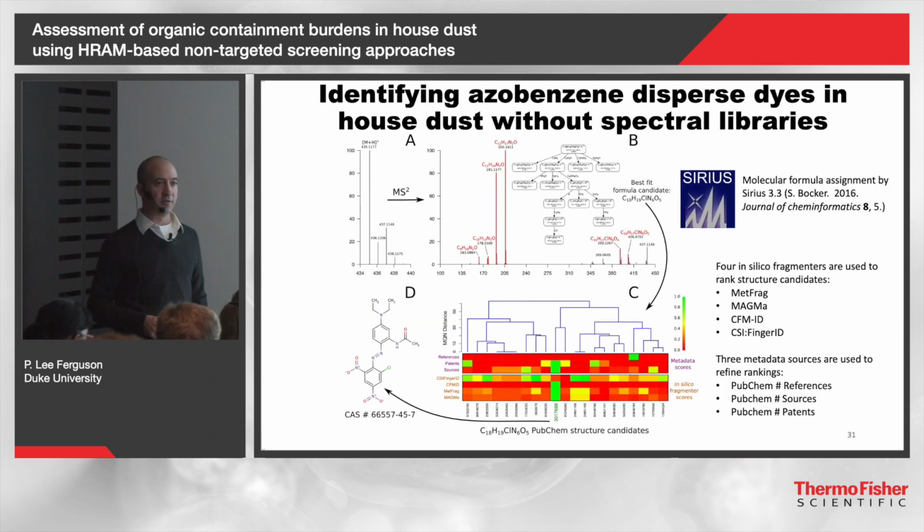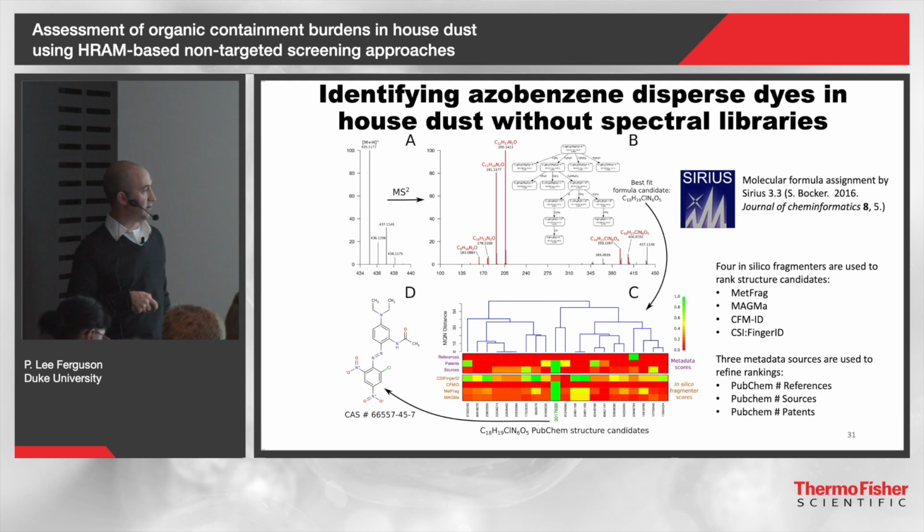Here's a graphic showing where we use our Painter algorithm. Basically, here's our MS1, we do MSMS, and we annotate all of our fragments with formulas using Sirius. We take our best fit formula candidate, pull out all the structures that have that formula from PubChem, and then rank them using fragmenters. So here are all the fragmenter scores.